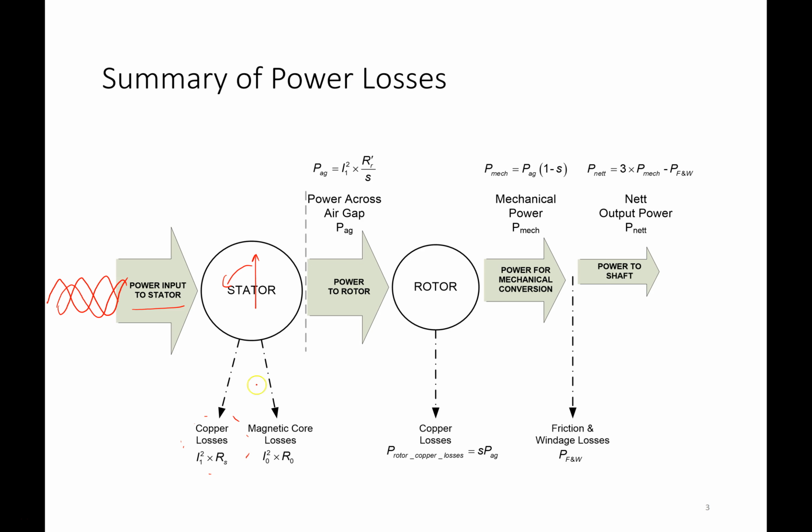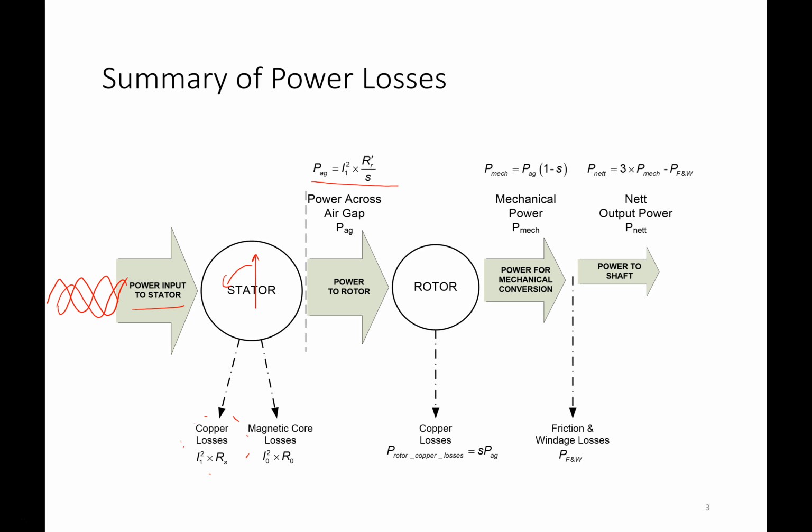And once we account for those losses, the remainder of the power crosses the air gap. This is a small gap between the rotor and stator. Remember, they're not actually connected, because if they were, then you couldn't get rotation. So the power that crosses that small gap is what we call the air gap power, and that goes to the rotor.